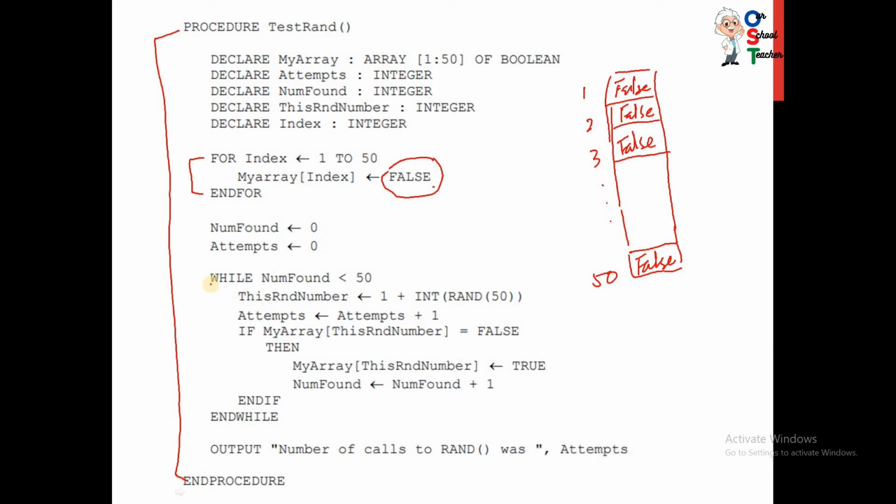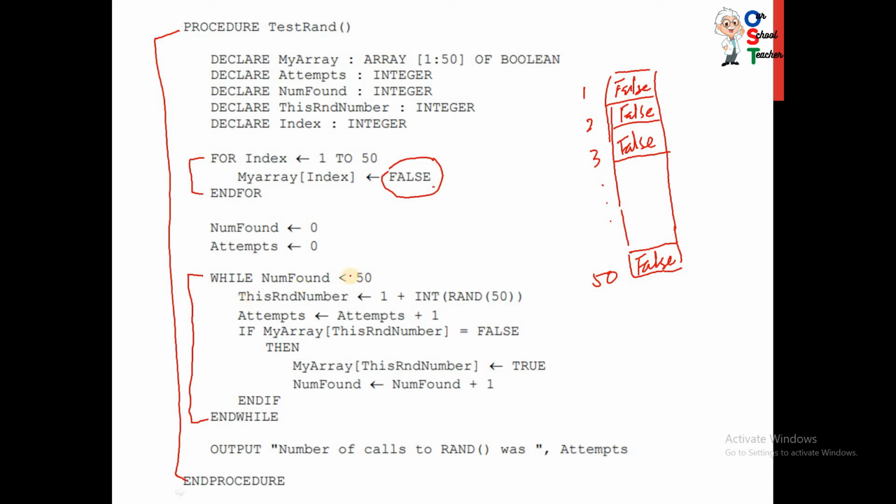Now they are starting a WHILE loop, and it ends here. The rest of the code, you can see, has been indented. With the WHILE we have a condition: it will run as long as the NumFound value is less than 50. Means if the value of NumFound is less than 50, then this code will be executed.